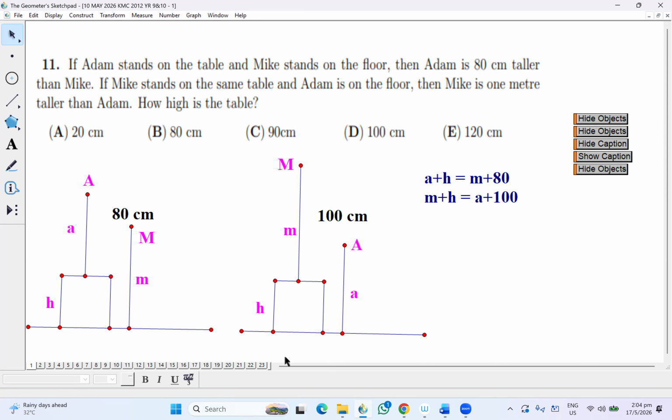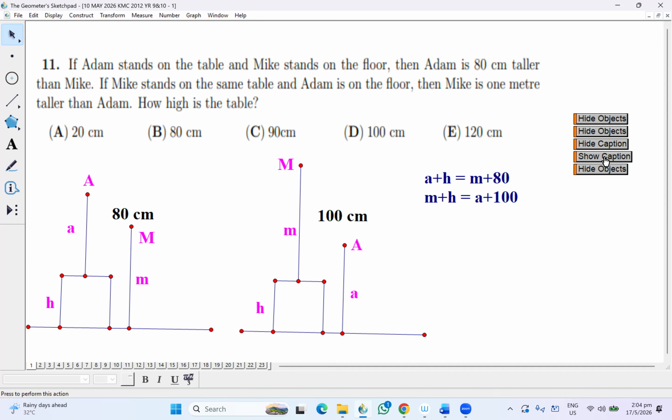So you notice here got A and M, here also got M and A. So it's better to add the equations.